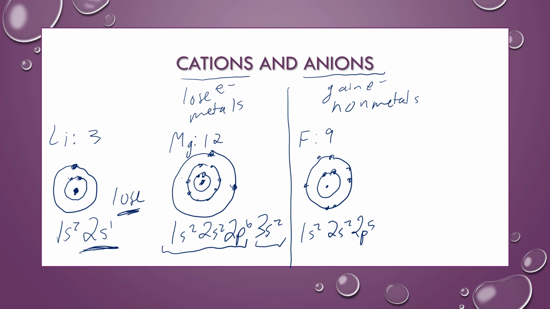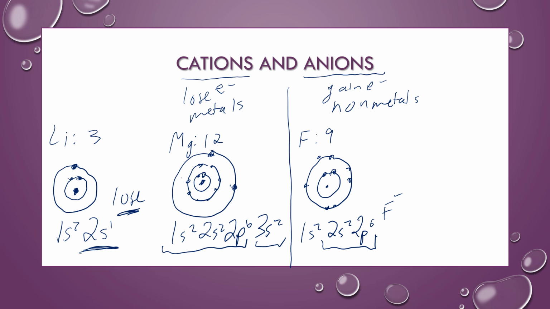And so it has 7 valence electrons. It's very close to having a full energy level. So this is our outermost energy level. It's 1 away from filling up that p sublevel. And so it's more likely for fluorine to gain an electron and become 2p6, and you'd have F with a -1 charge. And so that's what happens with anions, where it's easier for it to gain electrons to fill up a level.